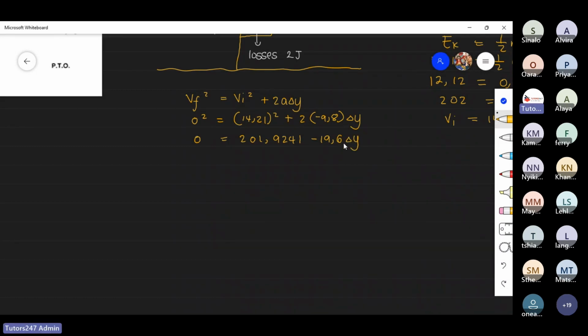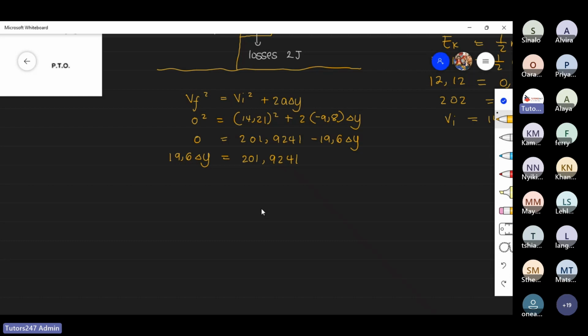From here, you can move negative 19.6 delta y to the other side, giving us positive 19.6 delta y equals 201.9241. From here, all we now need to do is divide both sides by 19.6.